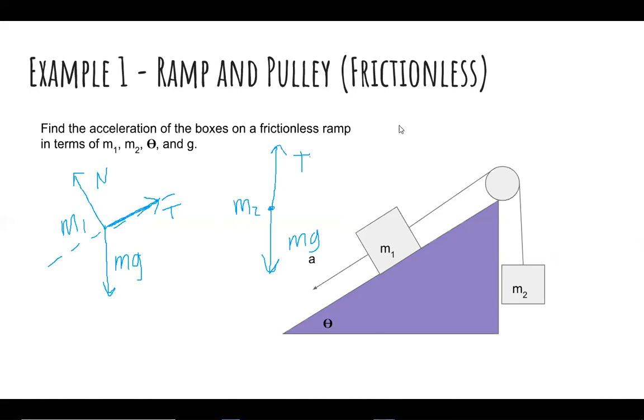Well, for the weight for both of them, you just wrote it as mg. I think it would be more clear if you labeled what m, because the m's are not identical. Right, that's a good point. When writing these free body diagrams, make sure that you label it M1 and M2 so you don't accidentally multiply by the wrong value.